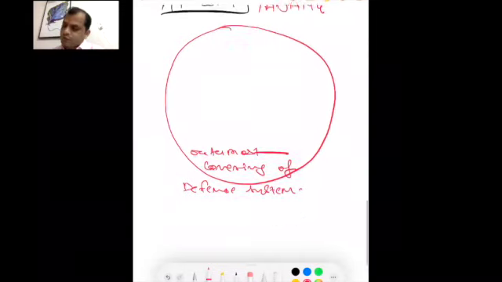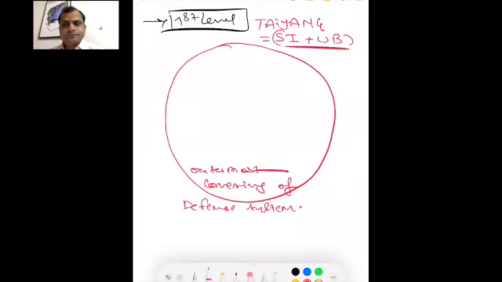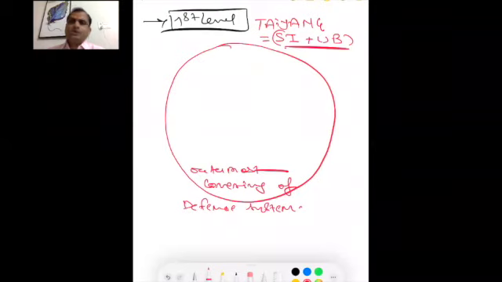The meaning of Tai Yang as per acupuncture is the small intestine meridian and urinary bladder meridian. So the small intestine and urinary bladder meridians are standing on the first level.